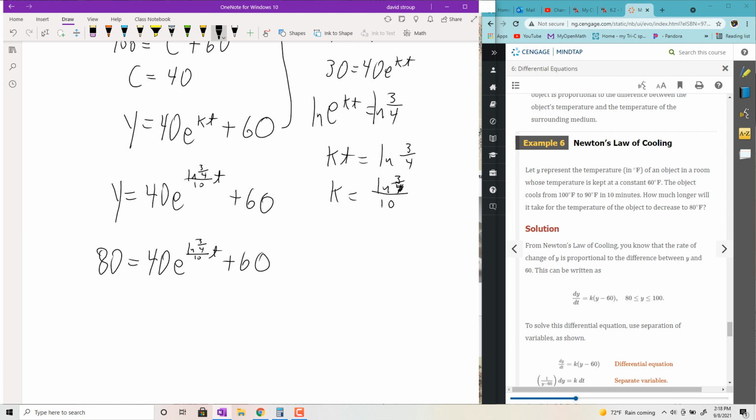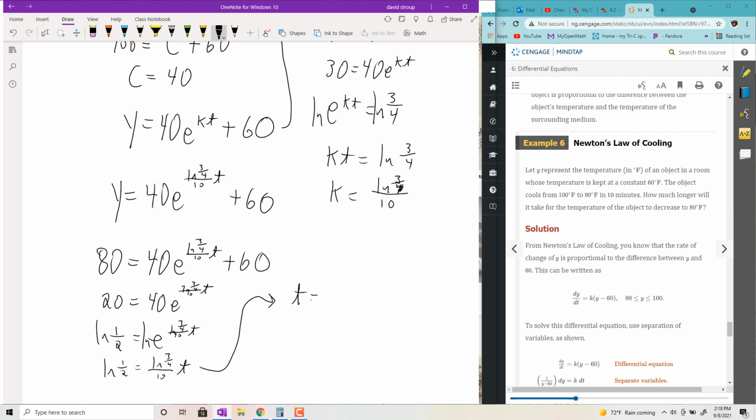Okay, so another exponential equation, move the 60 over, 20. Divide both sides by 40, so you get 1/2. Take ln on both sides. And then multiply both sides by the reciprocal of (ln of 3/4) over 10.